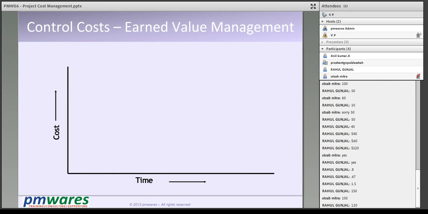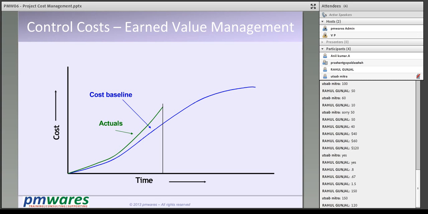Let's understand it one more time so that we are absolutely clear. This is our cost baseline. At this point of time, we are measuring our progress. We are spending a little more, deviating, going on the upper side, and achieving a little less.